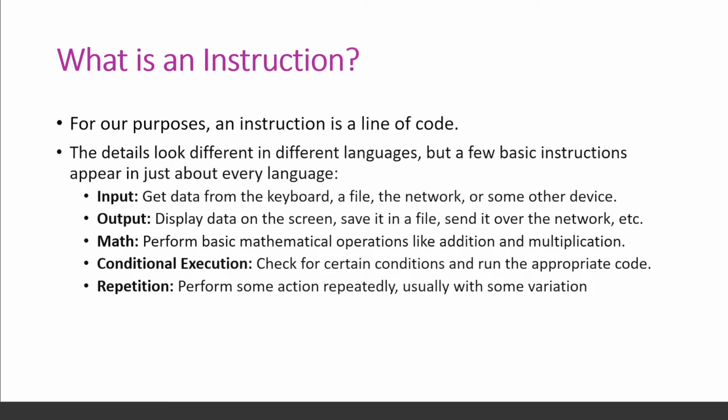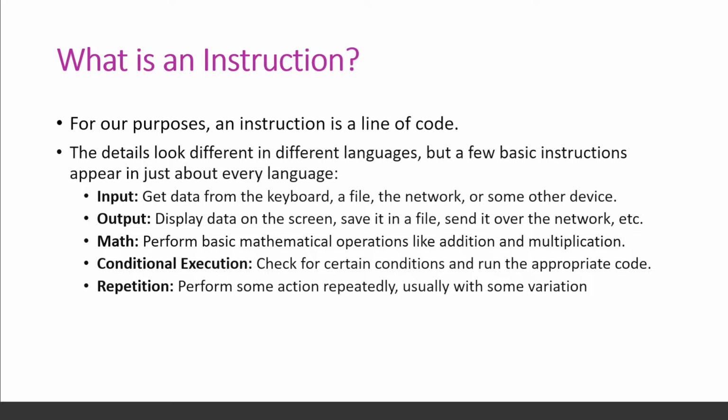Some people will talk about them as input, output, math, conditional execution, and repetition. So input being able to get some data from some device, like your keyboard or a file or the network or whatever. Output being able to have a result: save a new file, display data on the screen, send it out somewhere.